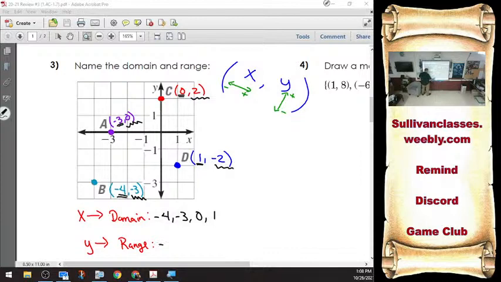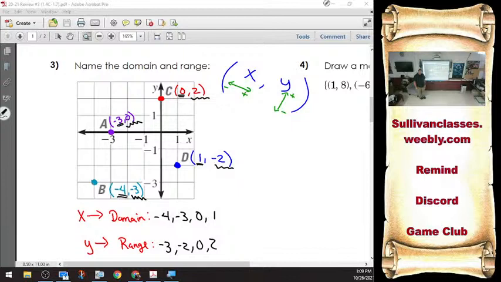I see a -3, a -2, a 0, a 2. Domain and range. Okay? X's and Y's, domain and range. Does it help to have the coordinates instead of just trying to wing it off the graph?